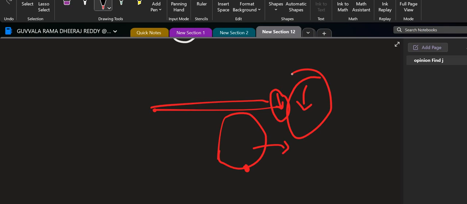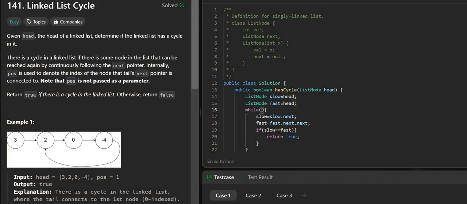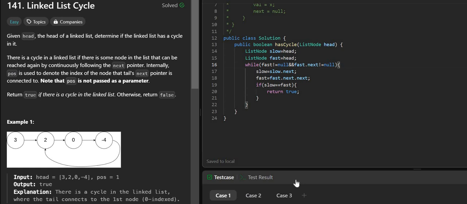Same as finding the mid, the conditions in the while loop handle when it is out of the loop or at the last point. The same thing we are going to use here: fast must not equal null and fast dot next must not equal null. This is the condition you want to keep.